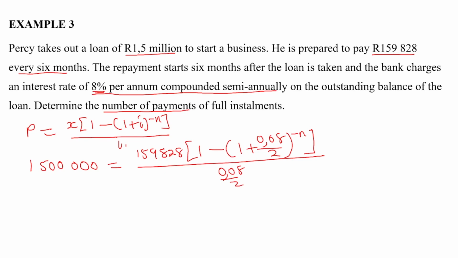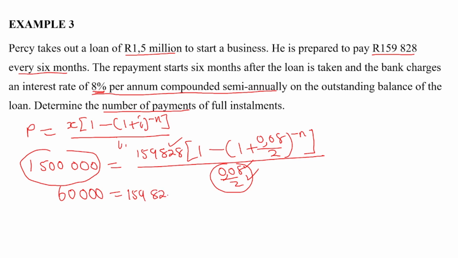We can do things differently. Some people can say this divided by this, but I prefer multiplying the P value with 0.08 over 2. So 1,500,000 times 0.08 divided by 2, you get 60,000, is equal to 159,828 times the brackets: 1 minus 1 plus 0.08 over 2 to the power negative n.